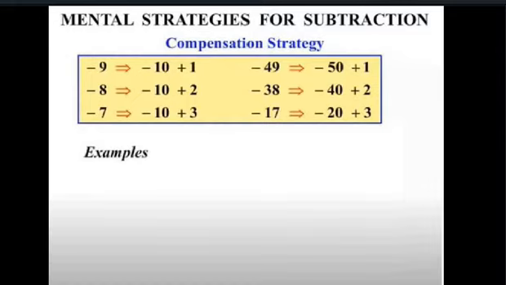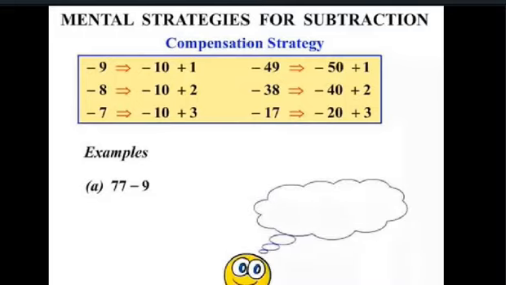Let's see some examples. Just for recap, we will start our mental subtraction work using 2 digits first. The first one we got is 77 minus 9. So let's bring our thinking cap on. 77, that is what we are thinking firstly.